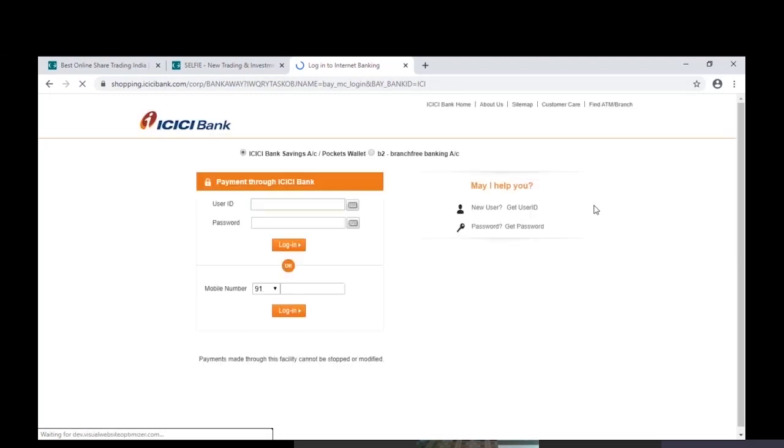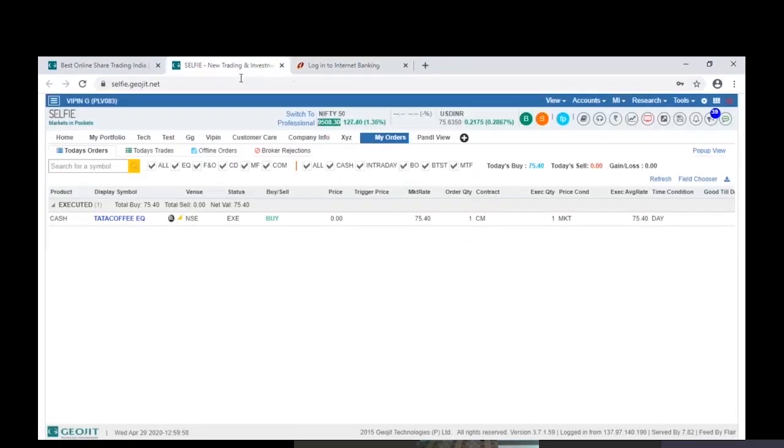ICICI would have already given you a username and password for logging into the portal, and you may use that user ID and password here. With that, you can initiate a transfer, and once the transfer is initiated, you come back to the screen and can check over here.